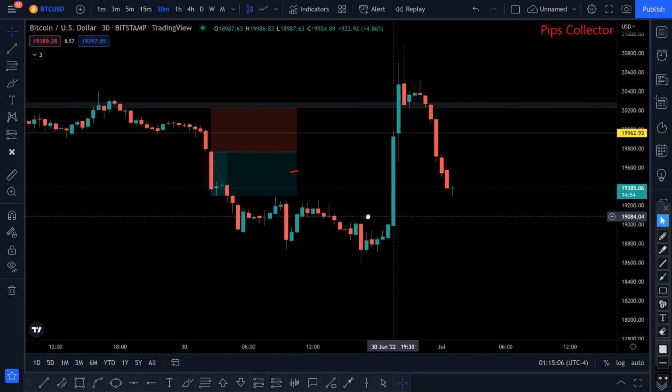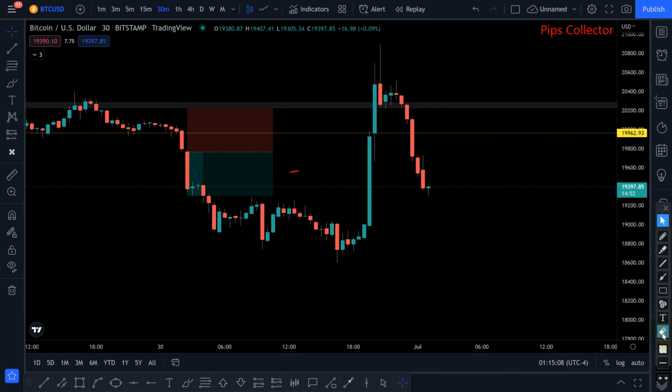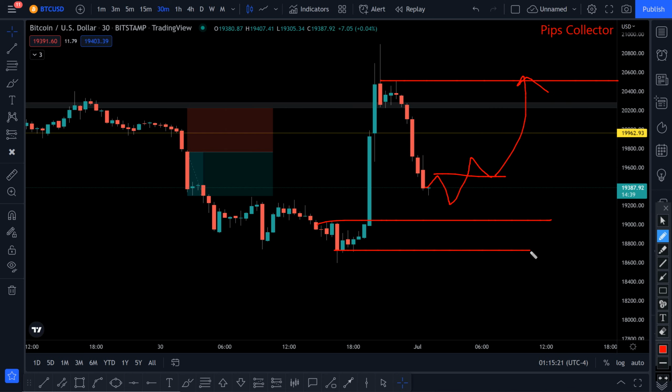I want to see price give some deep retracement, break the structure, and we anticipate a rally to retest the high. Sales would occur below here because this is a demand order block or a demand zone. So sales would occur below this demand level, buy would occur anywhere within or above it. So it's as simple as this.